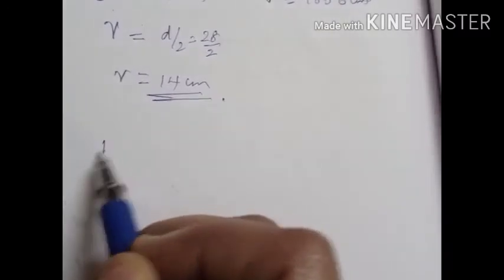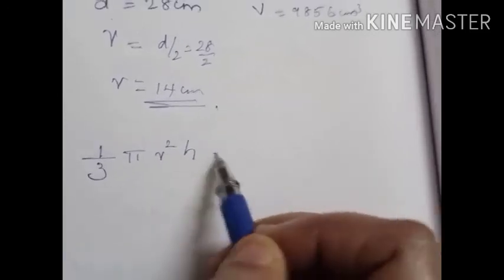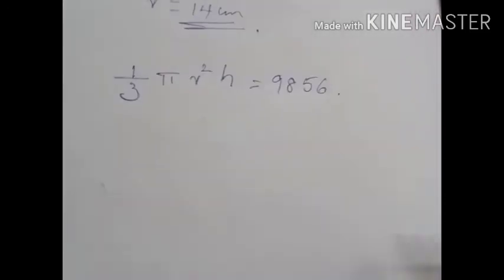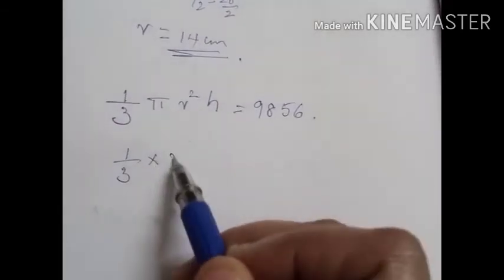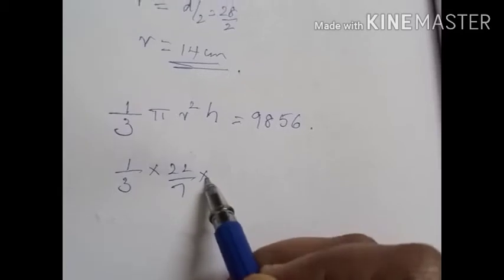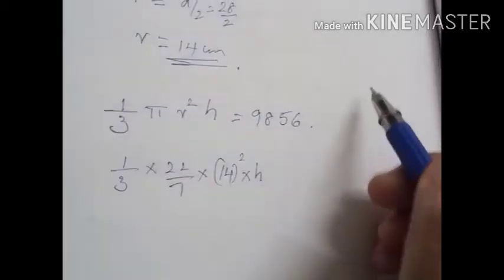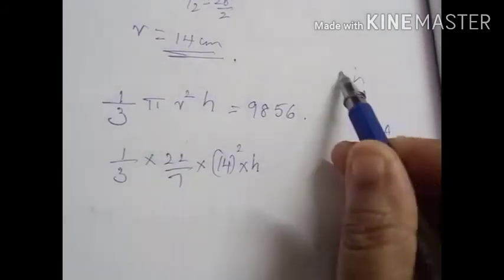So we can write the equation for the volume of the cone as 1 by 3 pi r square h. That value is given as 9856. Then we have to substitute the values which are known. So 1 by 3 into 22 by 7 into 14 square into h. Height we have to find, slant height we have to find and CSA also we have to find.